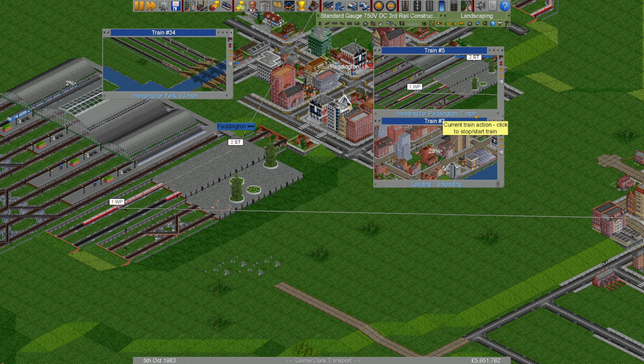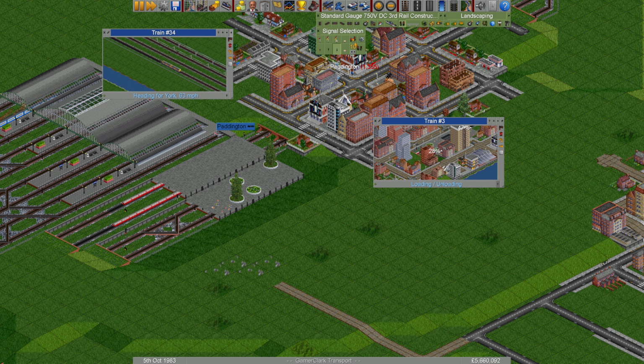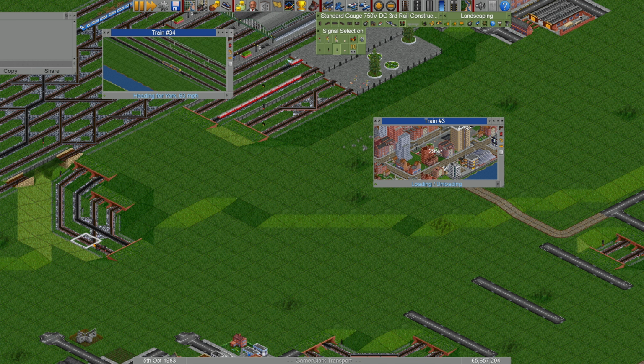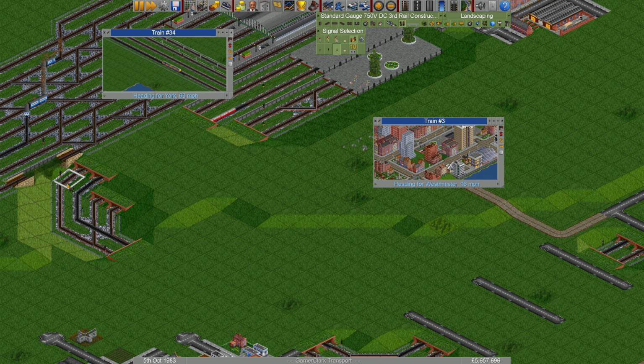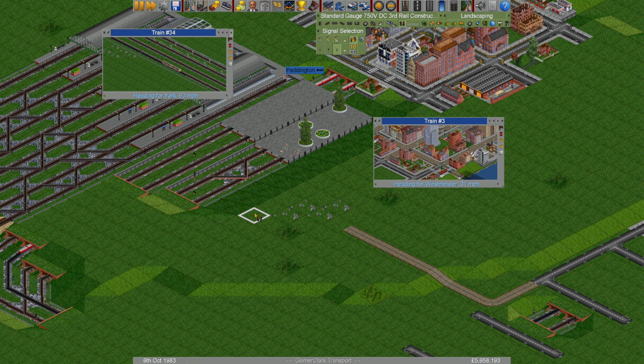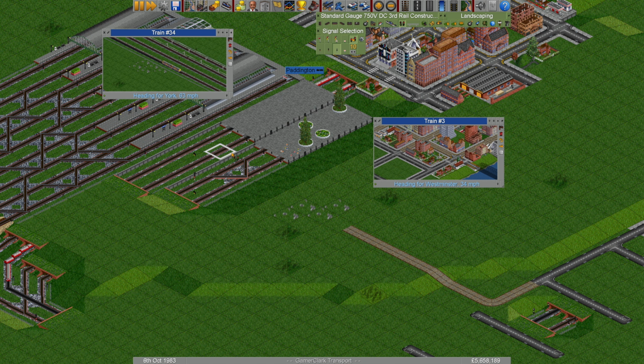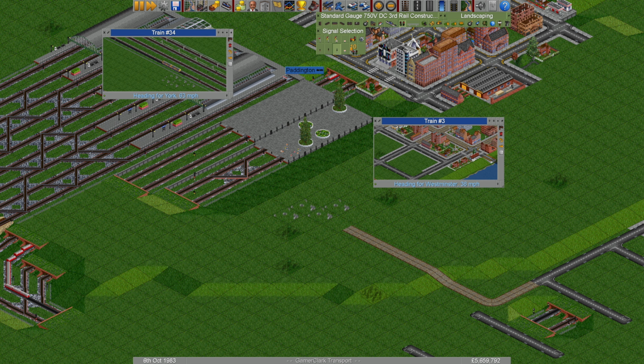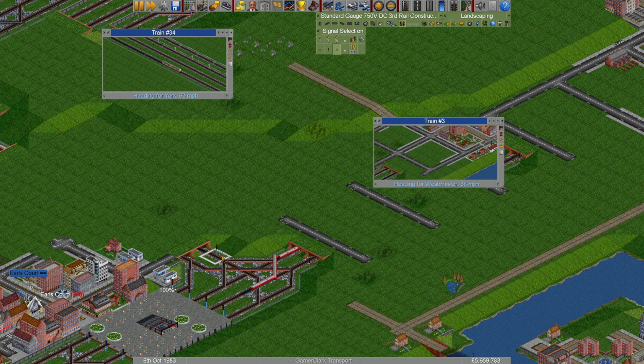So let's get that going again. So I need to change these, don't I, to one-way signals. That's where the problem is, they are not one-way signals.